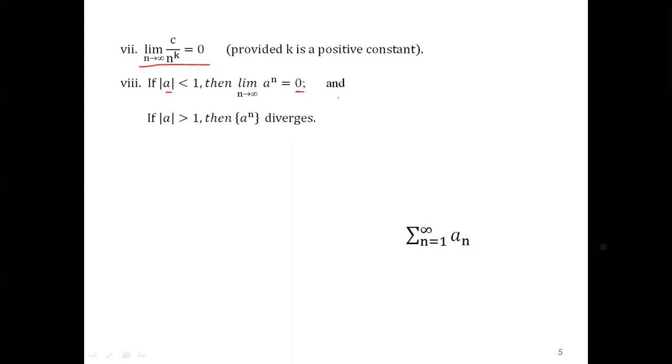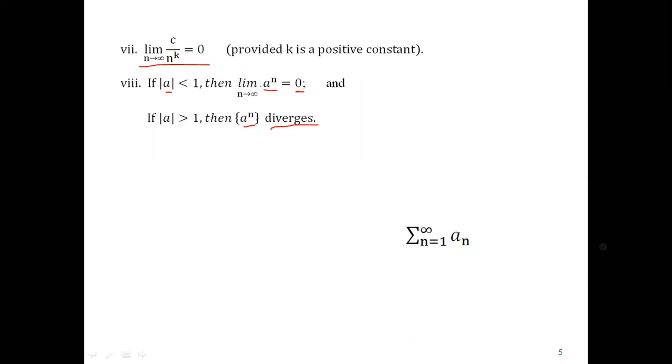It approaches 0. And if the magnitude of a is greater than 1, then the sequence a raised to the power n, which is this value here, diverges.